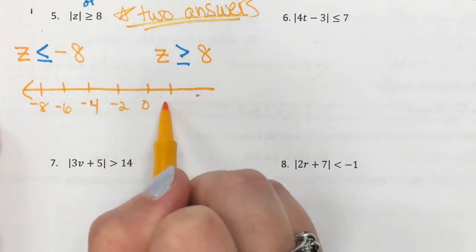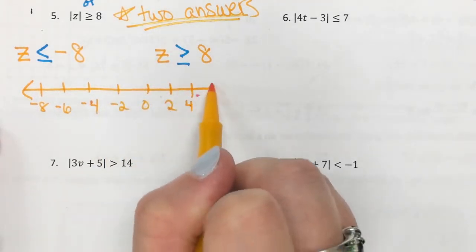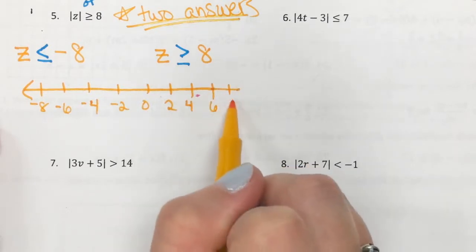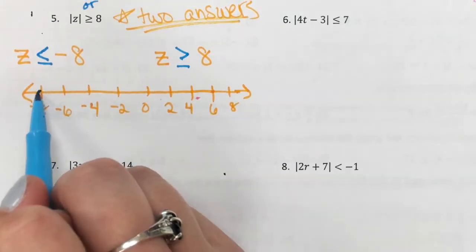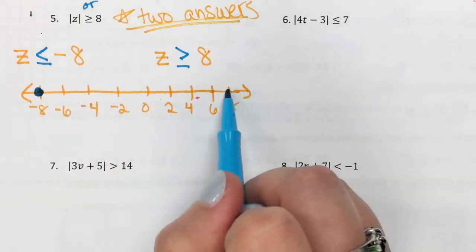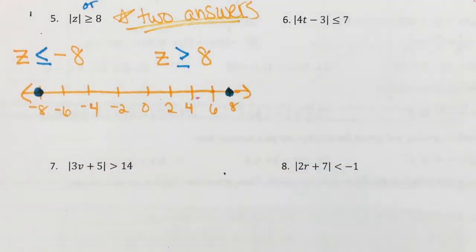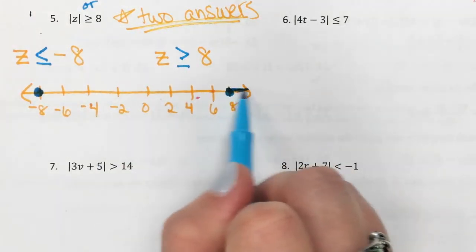You could use fours, but I already started counting by twos. But you don't have to do what I do. You can do something different. And both of them get closed circles. And or problems shade where? Away. Boom, you're done.